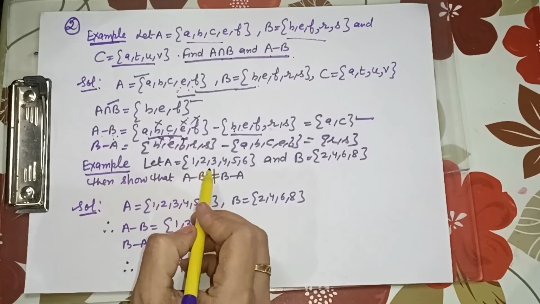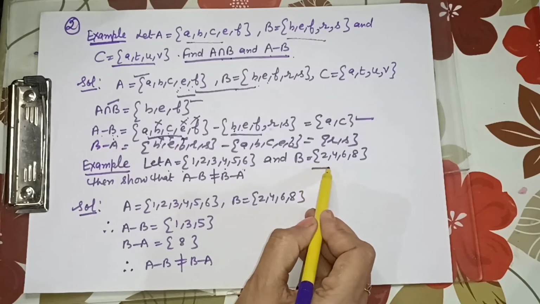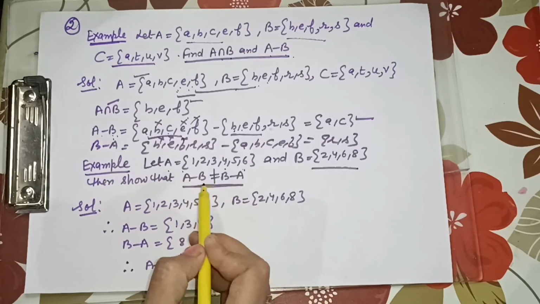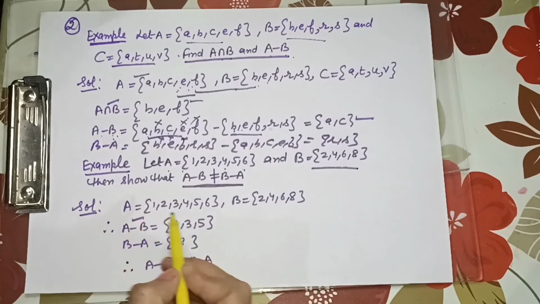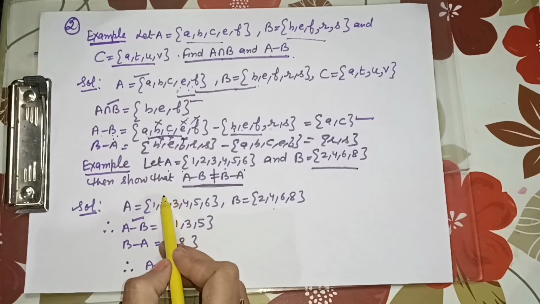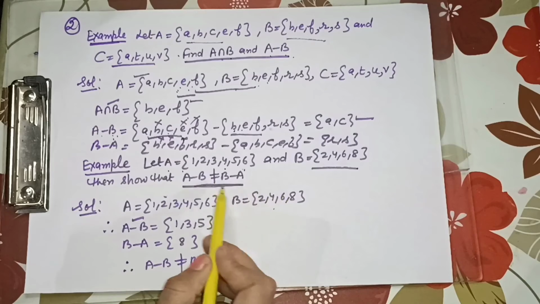Now another example. Let A is equal to {1, 2, 3, 4, 5, 6} and B is equal to {2, 4, 6, 8}. Then show that A difference B is not equal to B difference A. A difference B means simply we have to subtract the elements of B in A, which are common. That means 2 we will leave here, 4 we also leave, and then 6.